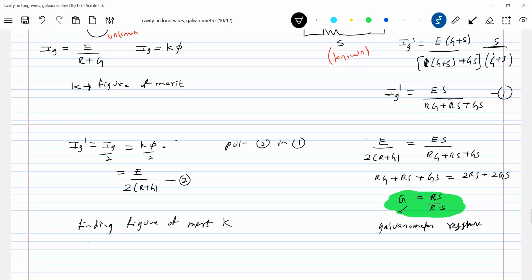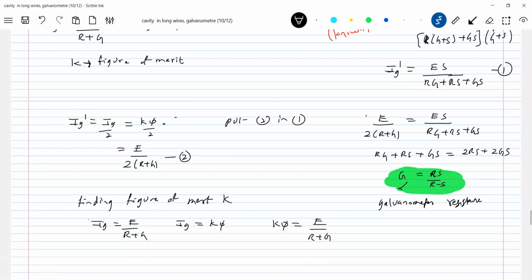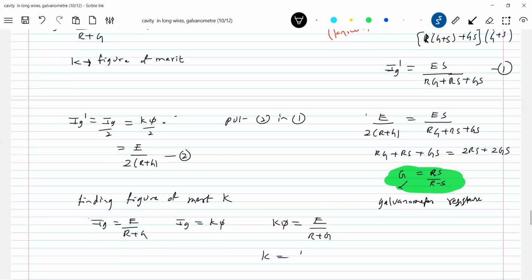So equating those two, as we know, Ig equals E by R plus G. On the other side, Ig equals K phi. So equating these two, K phi equals E by R plus G. Now you see what the figure of merit is: E by R plus G. Don't say figure of merit depends on EMF of the cell. This is how it is found.